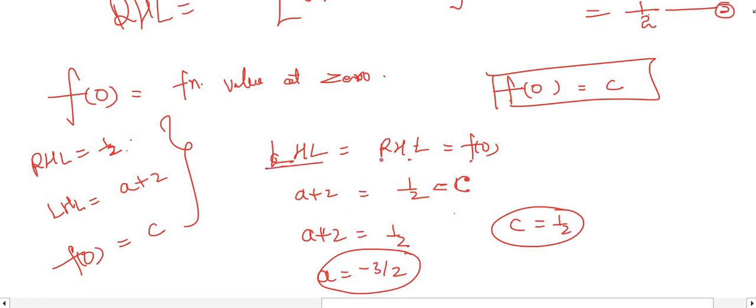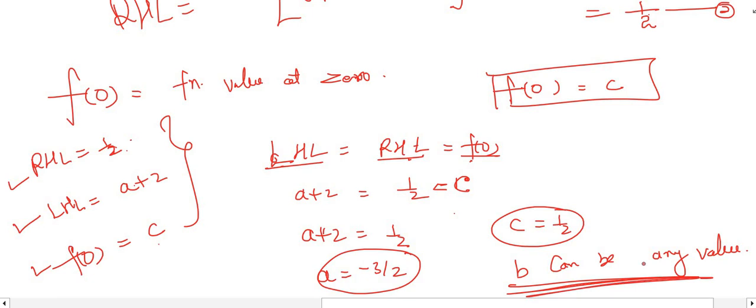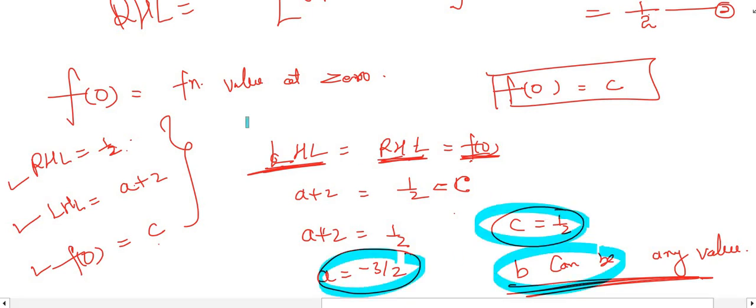And we can see that it does not matter what the B value is, because B is not even appearing in RHL or LHL or f of 0. So B can be any value because it is not affecting LHL or RHL or function value, or hindering the function from being continuous. So this is our final answer for A, B and C.